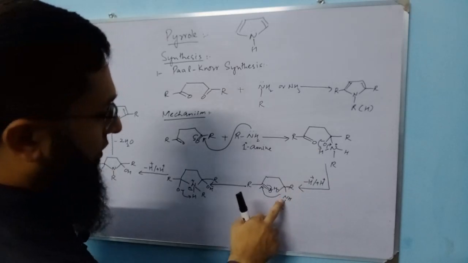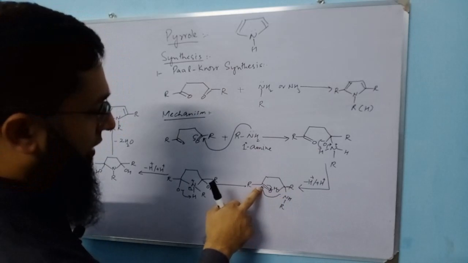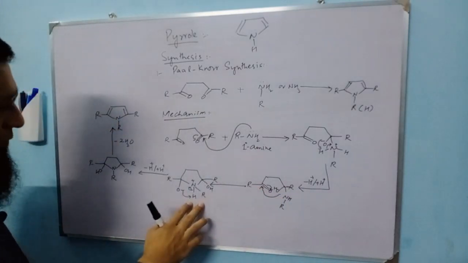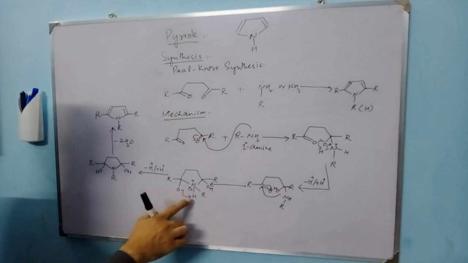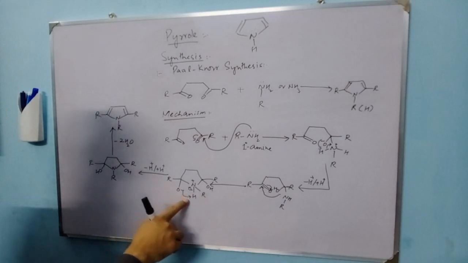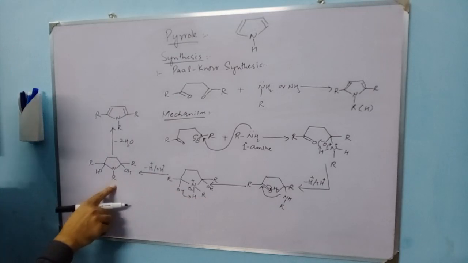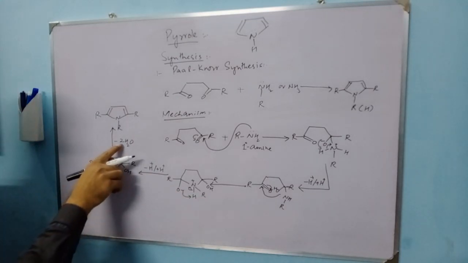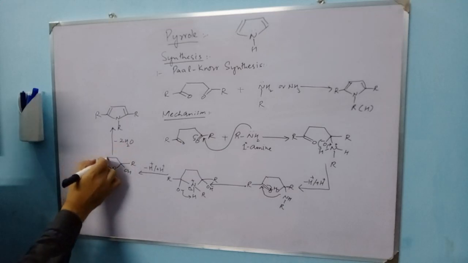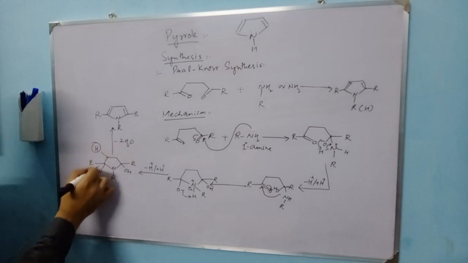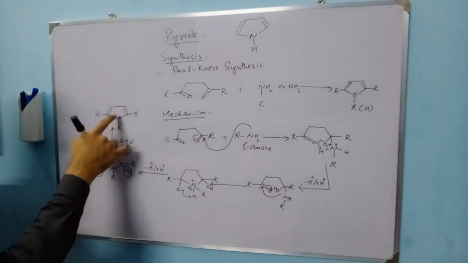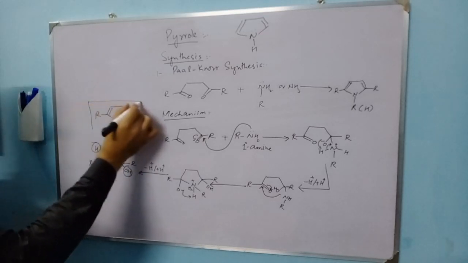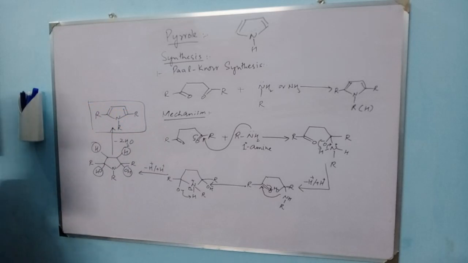Now the amine would again attack on this carbonyl carbon to get this intermediate. As a result of proton transfer reaction, once again this double aminal would be produced and this would undergo double dehydration, water removal from this side, and we would get the pyrrole derivative as a product.